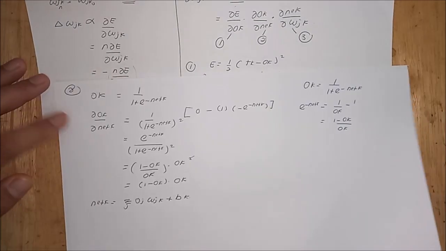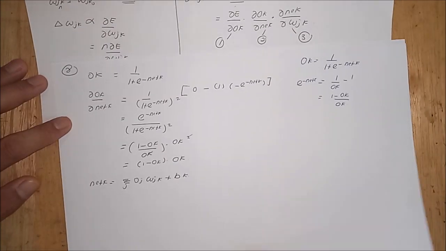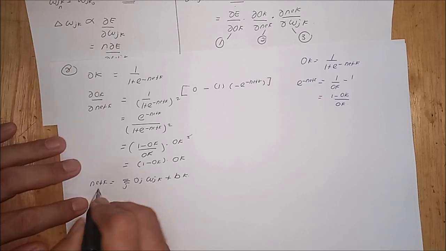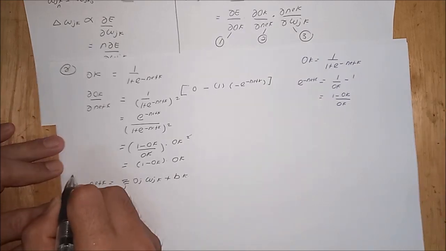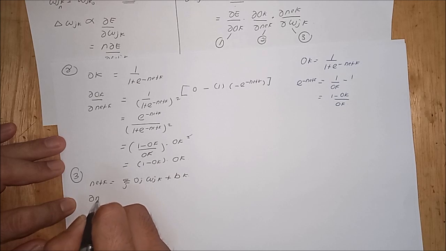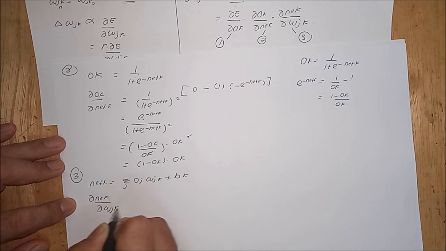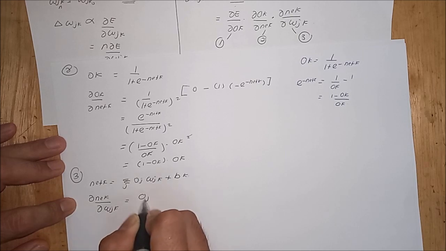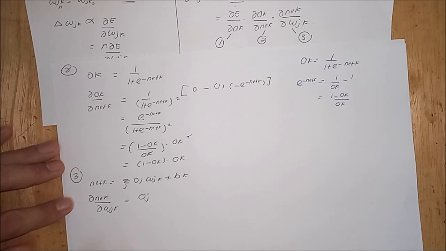So in this final part, part number 3, d net k over dwjk will be equal to oj straight away.